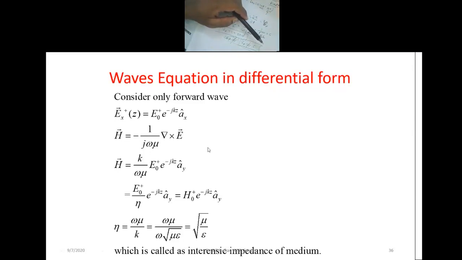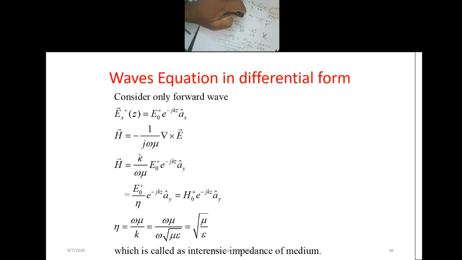Why are we revising? We should know how the electric field and magnetic field components behave, and relate the same field components to how they propagate in a waveguide. Our aim is only the electric field vector and magnetic field vector components, and all other terms we are just revising here. So these are the electric field vector and magnetic field vector components.